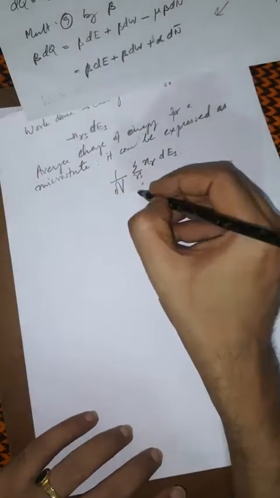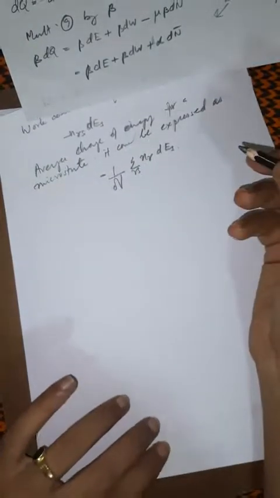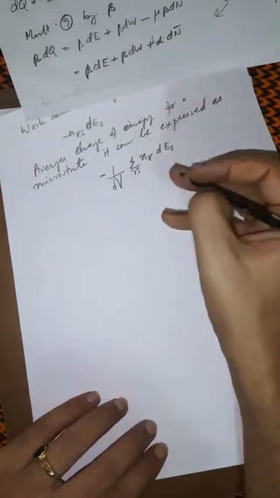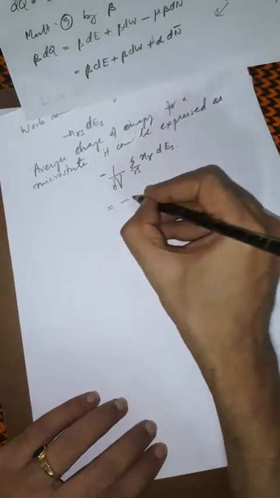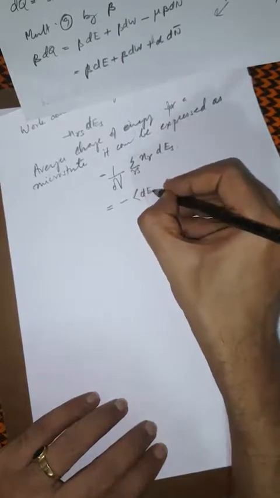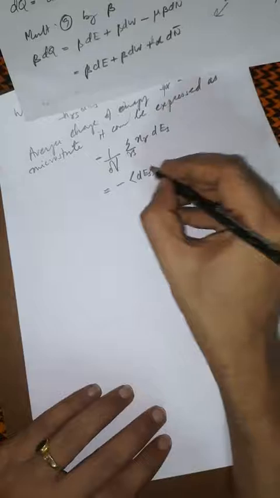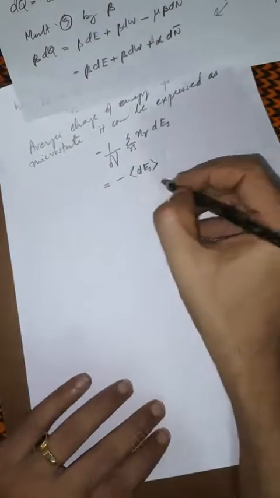I can always continue putting the negative over here. There's no harm in doing that. Basically, it is telling me that there's a work done, right? So minus expectation dEs.